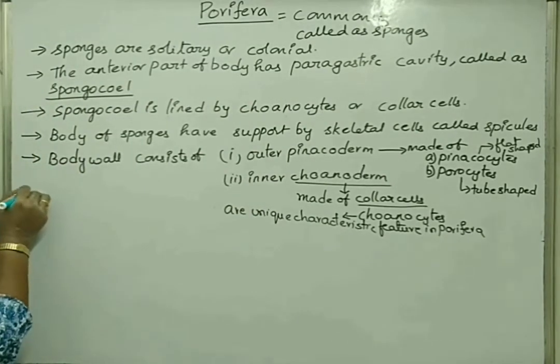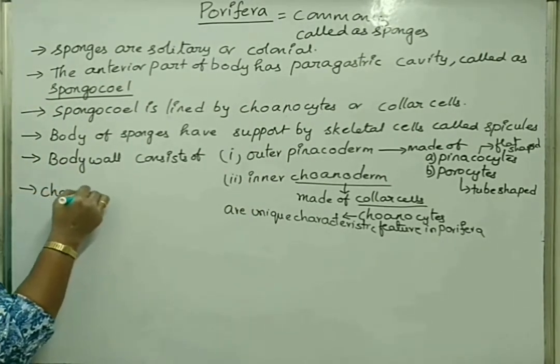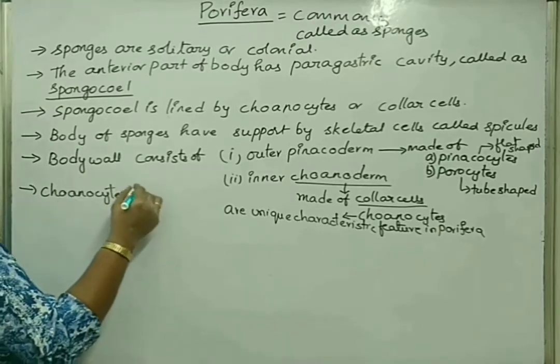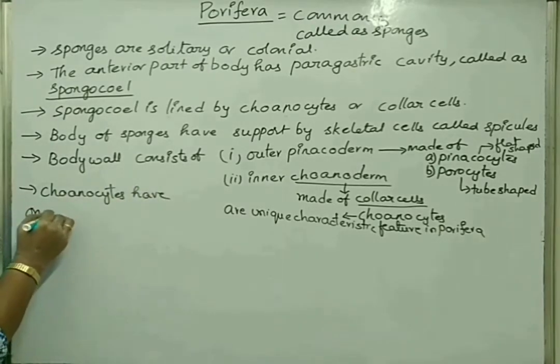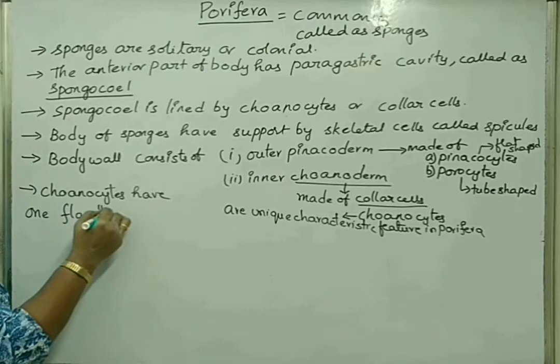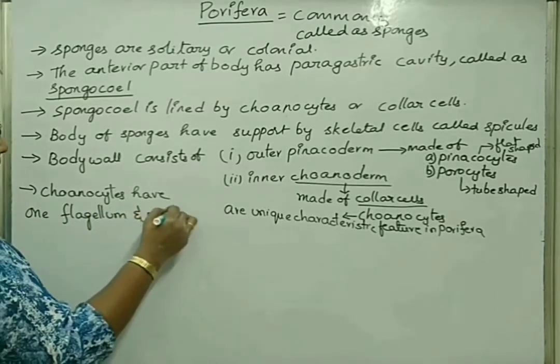These choanocytes, or collar cells, have one flagellum and many microvilli.